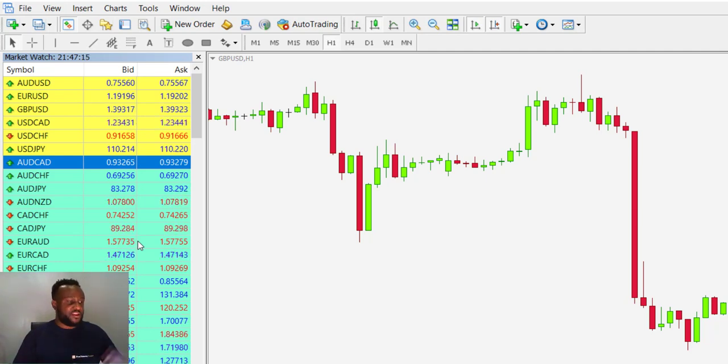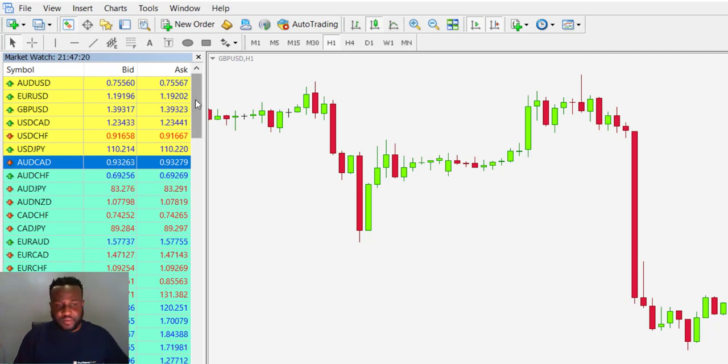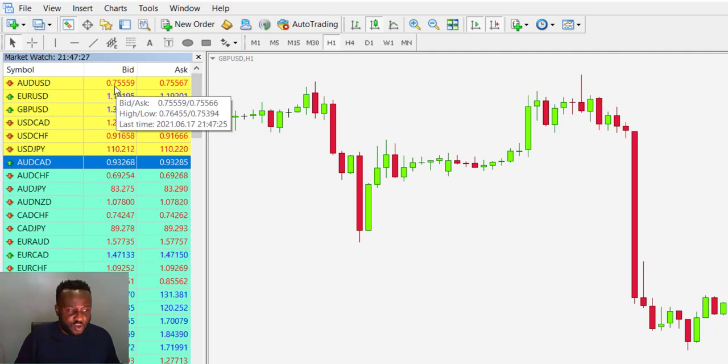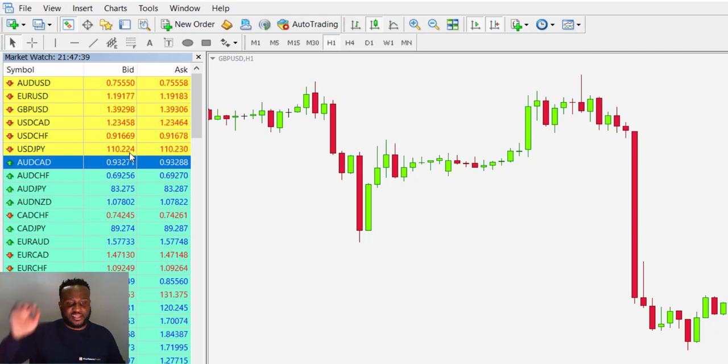Then you need to consider that most platforms right now in 2021 will have 5 decimal places for non-JPY pairs, and 3 decimal places for JPY pairs. And the third point is that to calculate pips, we look at the 4th decimal place for non-JPY pairs, and the 2nd decimal place for JPY pairs.